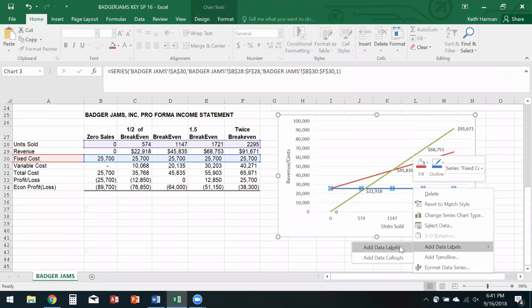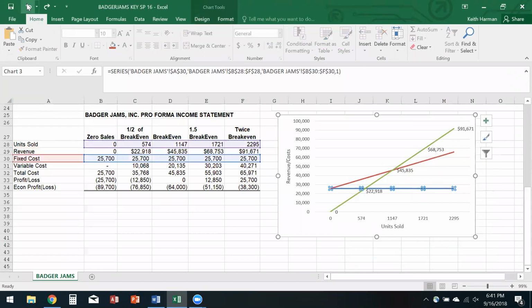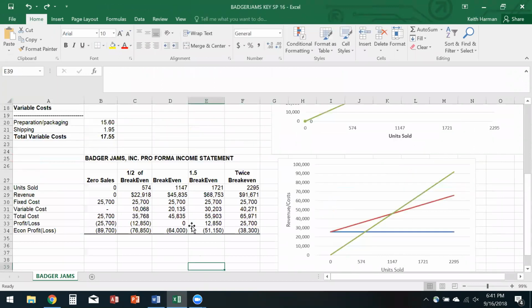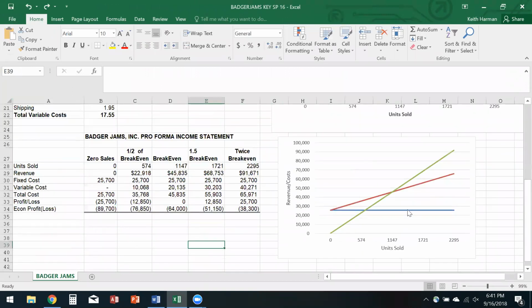Now you have to be careful with this because you can really get everything all gummed up. See? You have to be a little bit cautious with it.